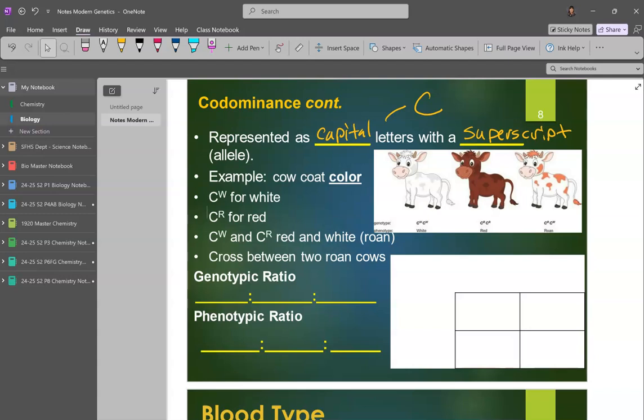So for this one, we can have a white cow, a red cow, or a roan cow, which is red and white. So now we're going to cross two roan cows with each other. So we're going to use the base letter C for coat color, and then we're going to write these superscripts. So this is the format we're using for codominance.